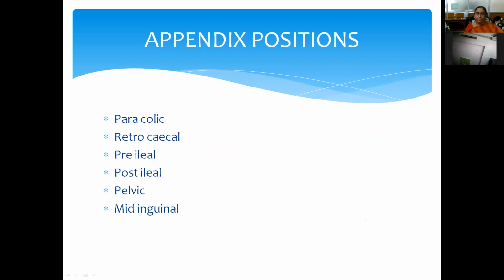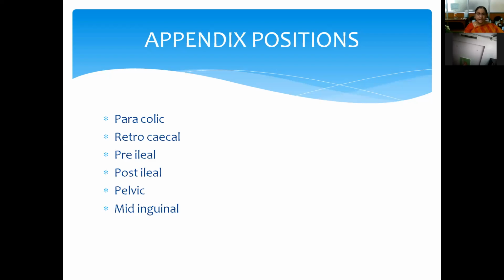So appendix is known to lie in different positions. All these things you might have studied in anatomy itself. Depending upon its relation to the adjacent organs, it is supposed to be in one of these positions: paracolic, retrocolic, retrocecal, preileal, postileal, pelvic, and mid-inguinal. So paracolic means the appendix lies on the lateral wall, just beside the colon.